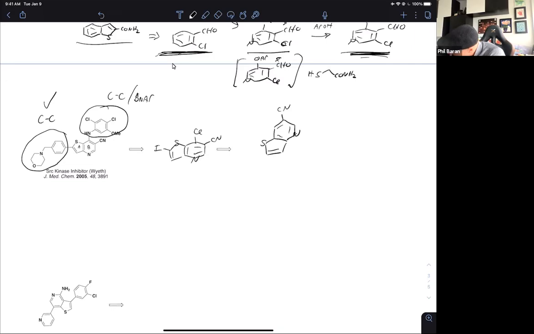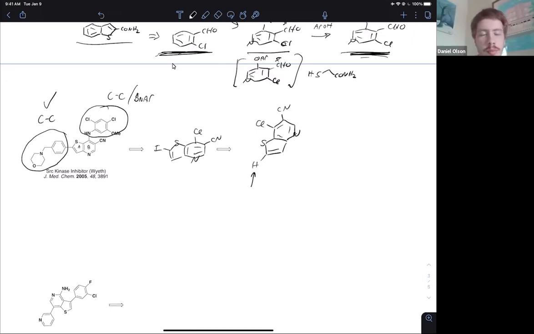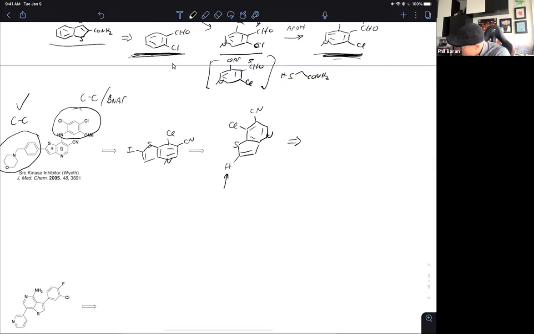Well, the chlorine will come later, but the first thing I want to get rid of is the iodine, because I know I can easily deprotonate there, and all is good with the world. So that's clearable. And then I'm going to do exactly what you said, and I'm going to remove that chlorine. And that brings us back down to that, which is looking very similar to what Simona just taught us a little while ago.